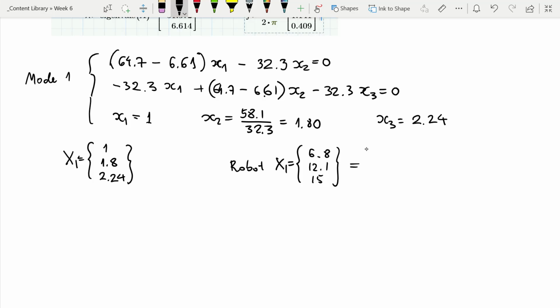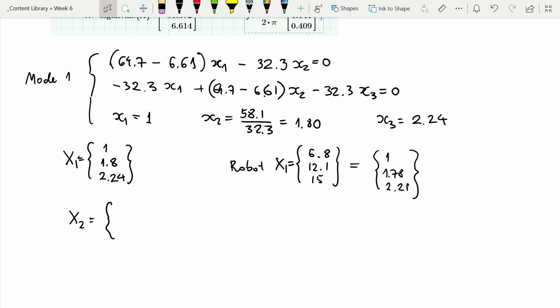So 6.8 divided by 6.8 is obviously 1. 12.1 divided by 6.8, 1.78, and 15 divided by 6.8, 2.21. So relatively close.